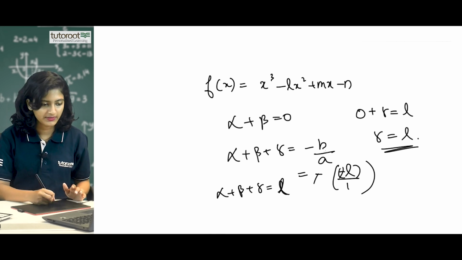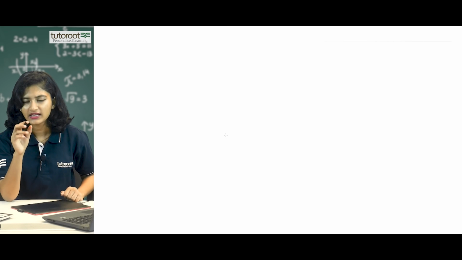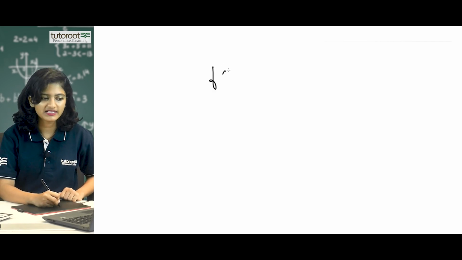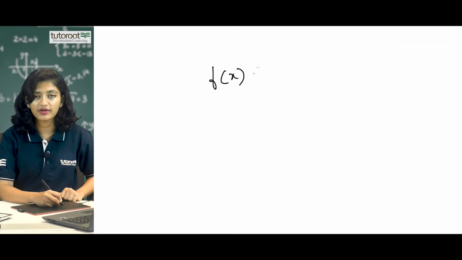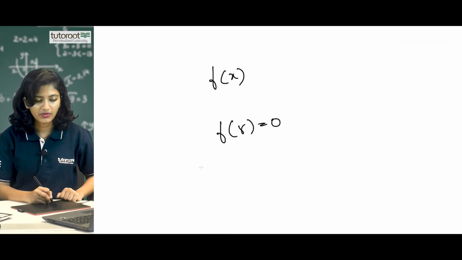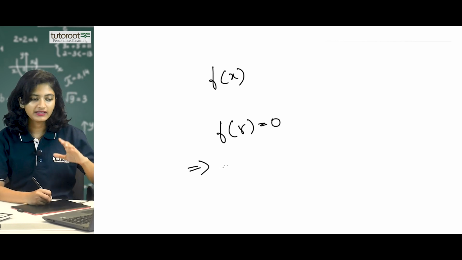Now let's move on. Since gamma is a zero of the polynomial f of x, f of gamma would be 0. Now you can write these two conditions that will fit the question.